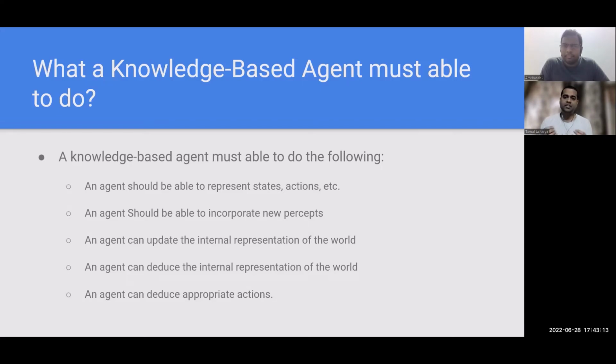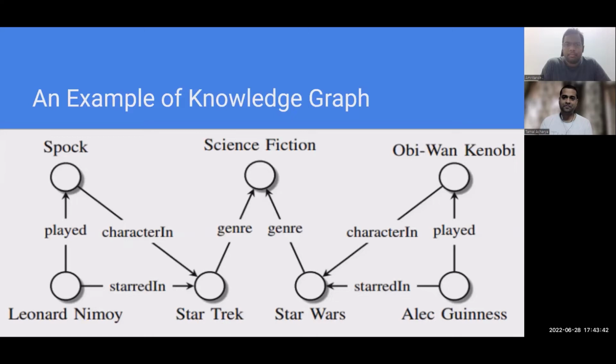And then you deduce appropriate actions. We acquire knowledge to represent something or so that some action can be taken with it. Otherwise, it is just a one-way track, where we just keep on accumulating. So what to do with that knowledge? Either you pass it on to someone, you take some action, you do something. So this is the deduction of the appropriate action based on the knowledge you acquired. All these things a knowledge-based agent should be able to do. Yeah, I agree. So moving on.